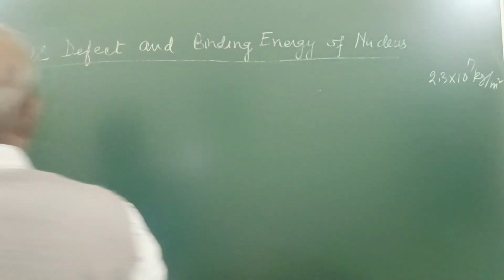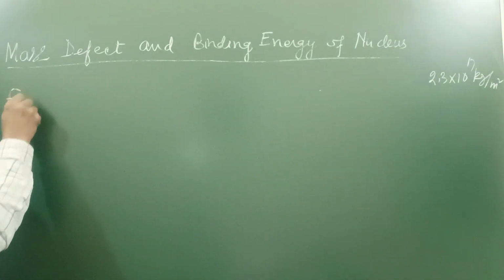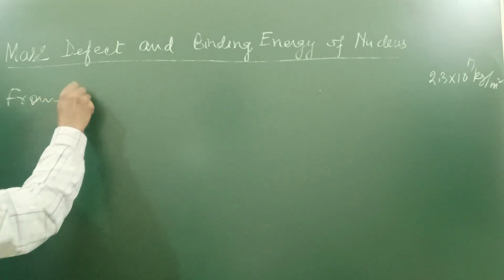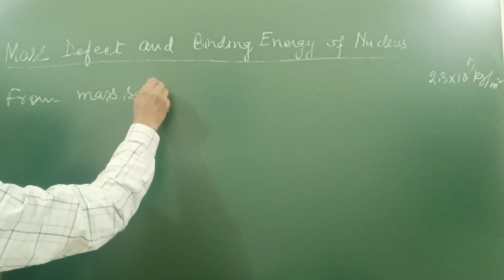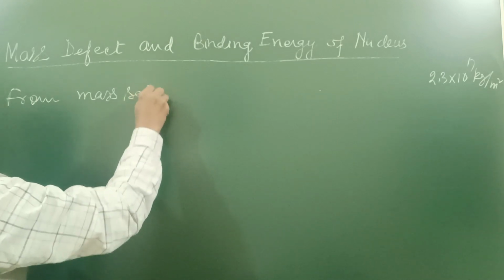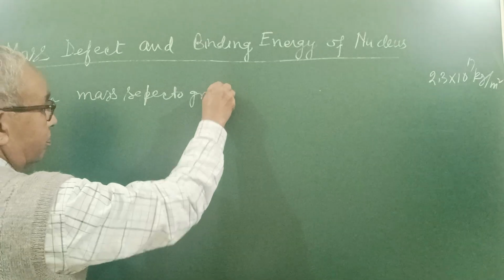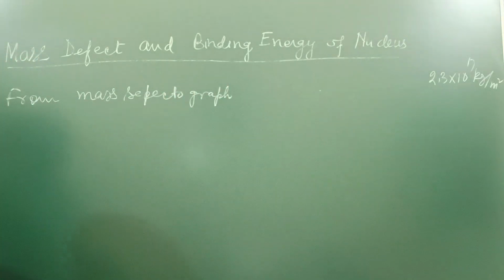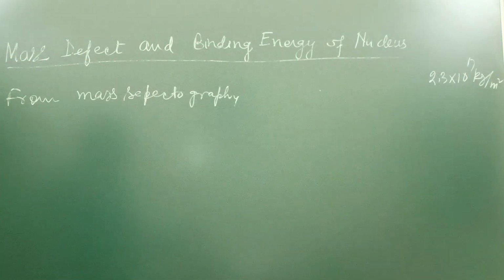So what is mass effect? From mass spectrography, I told you there is a device which is called a mass spectrometer. A mass spectrometer measures the mass of ions.